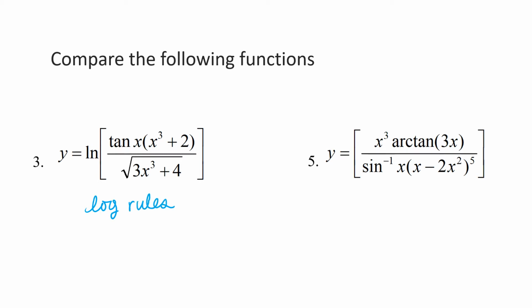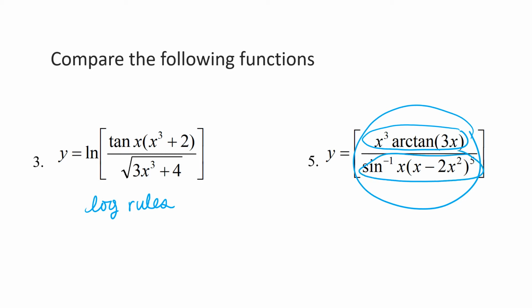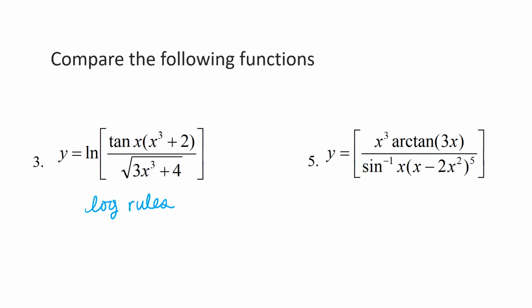But if we look at 5, we don't have a natural log there, so we're not able to split this up, which means that we have to use quotient rule for the overall quotient and have to use product rule and chain rule inside. And that's a lot. So we kind of go, I really wish there were a natural log right here.